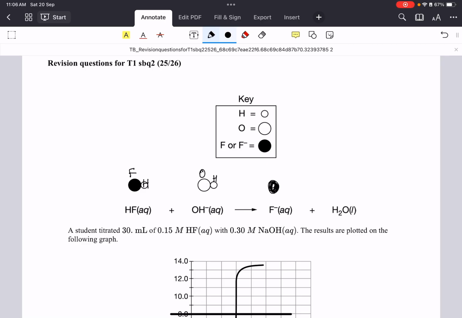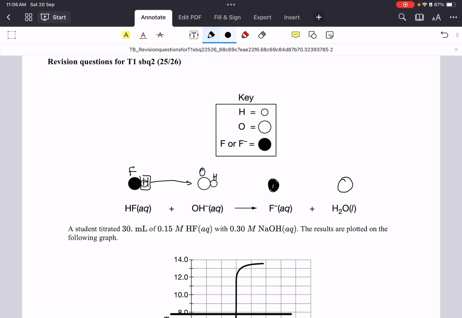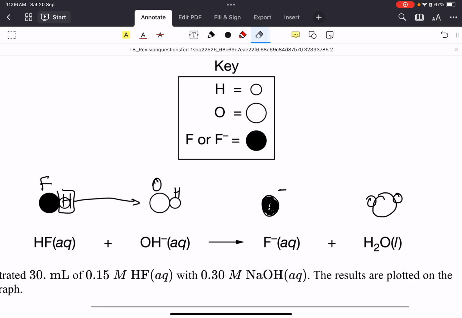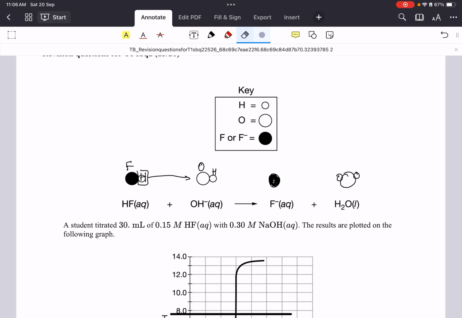And this portion is going to join this one. So this is H2O and these are the hydrogens. You can draw the F with or without the minus, because in the key they're not representing this as a minus, so it's okay just to do it like that.